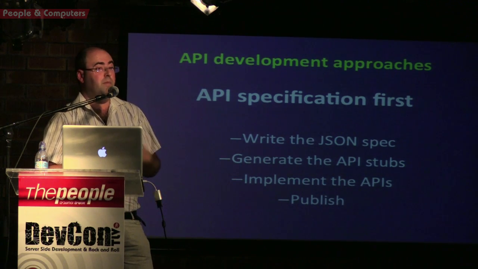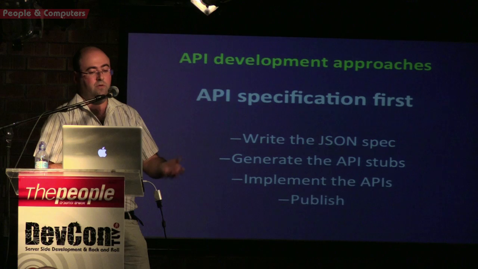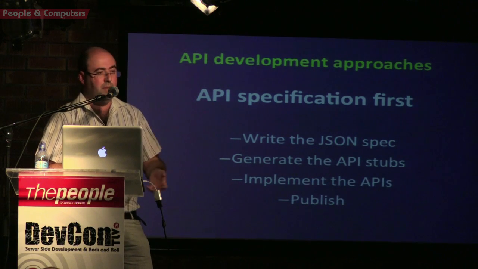The other team may take these specification files and automatically generate stubs for the server-side framework they chose to use, and then actually implement the API and publish it. And from here, the two teams can come back and work together.